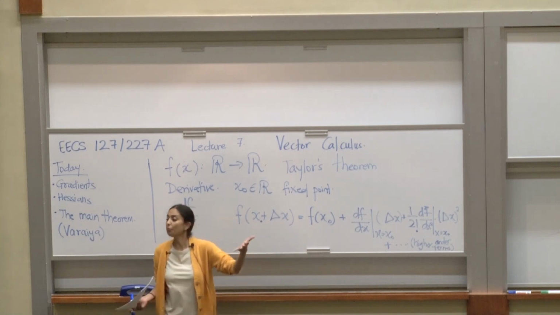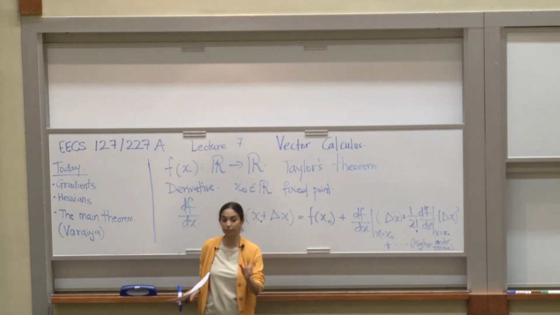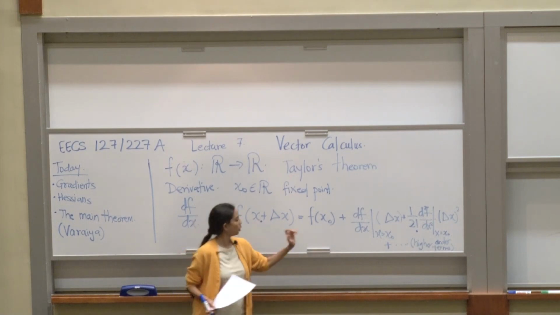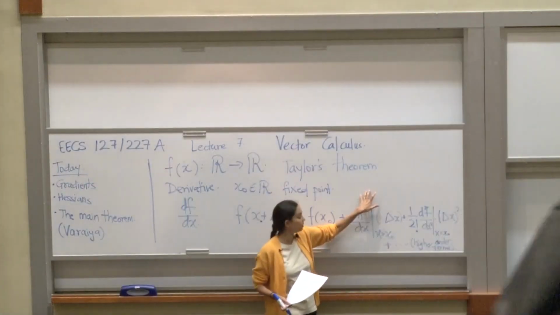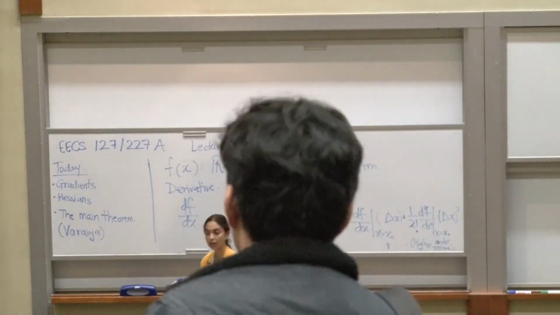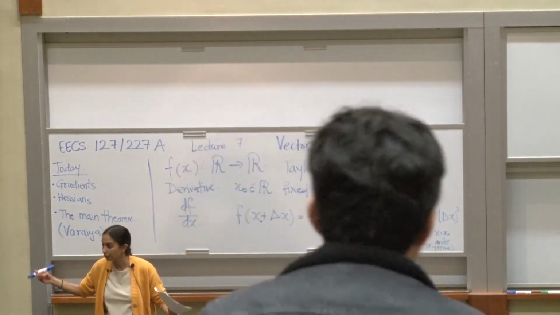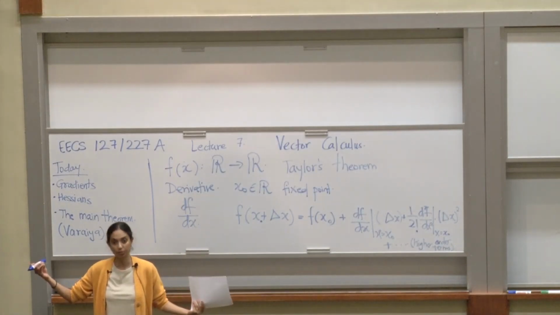If you had a little bit more information, maybe you knew something about the first derivative. The first derivative tells you something about how that function is changing locally. You could use the first order approximation. If you knew something a little bit more, you could use the second order approximation, and so on and so forth, right? As you increase the degree of your approximating polynomial, you can catch more and more aspects of the function that you're trying to approximate.